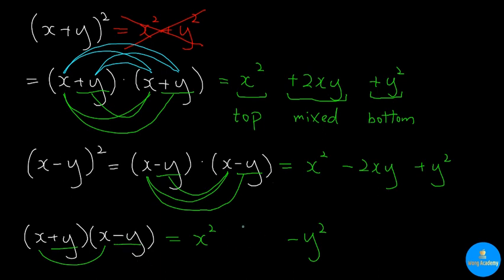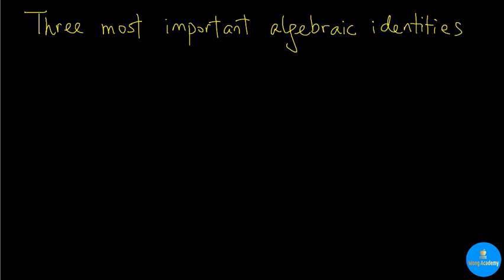As for the mixed term, we will have x times negative y, so we have negative xy, as well as positive y times x, so we have positive xy here. Negative xy plus positive xy would cancel each other and get 0xy. So it looks like that we have no mixed term here, but actually there is, just that the coefficient is 0. To summarize, we have just obtained the three most important algebraic identities in the world.